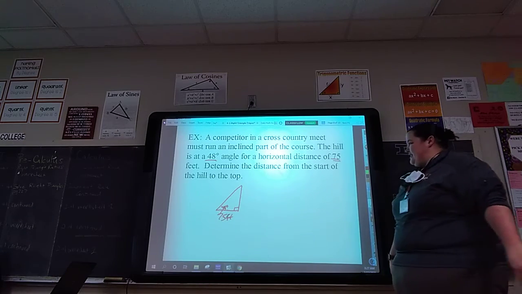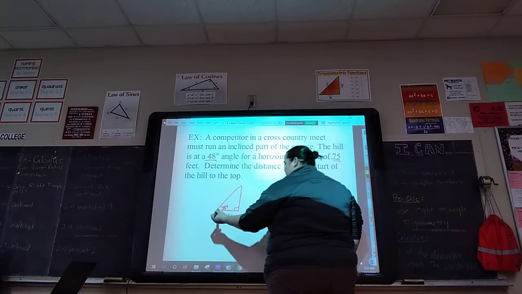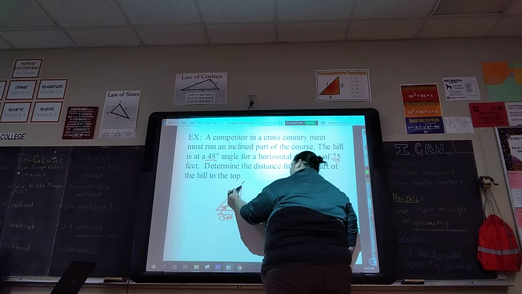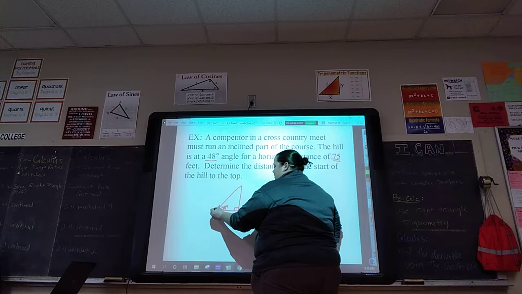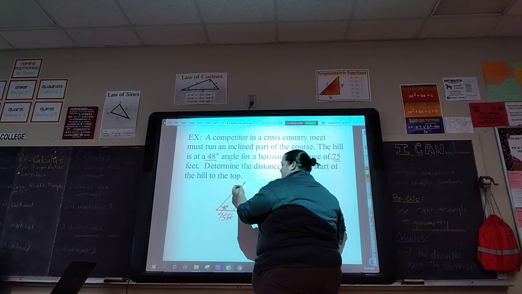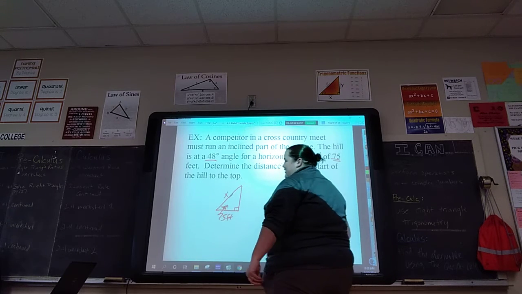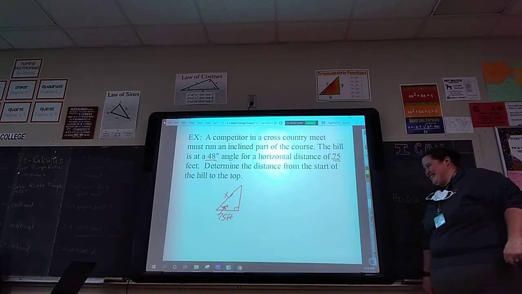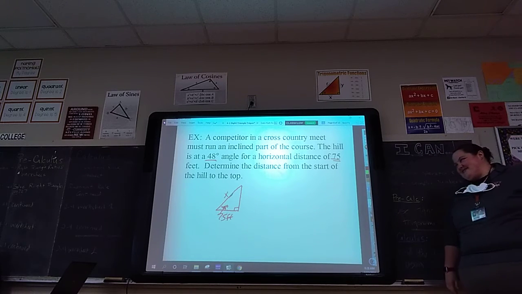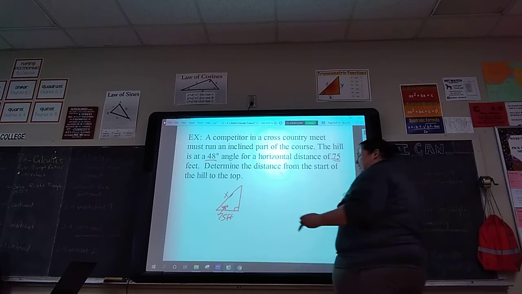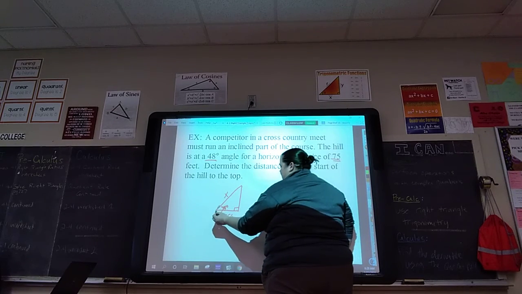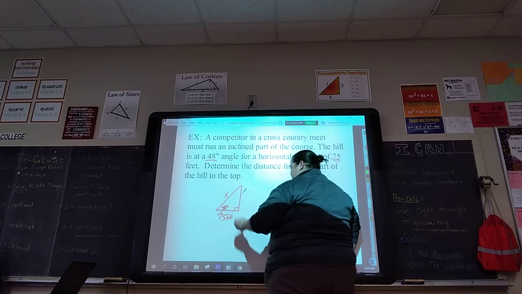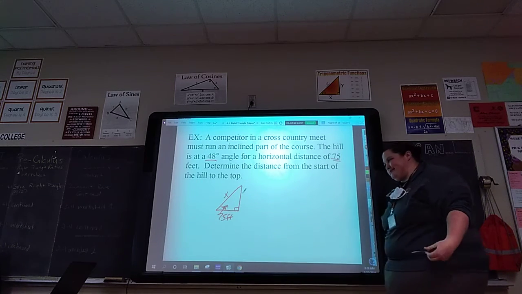So we're determining the distance from the start of the hill to the top of the hill. So which side are we trying to find? Well, you drew yours different than mine. Yeah, it's still the hypotenuse. Like I said, usually if you look at the situation, if it says from the start to the top, usually your pen will draw the side that you're trying to find.